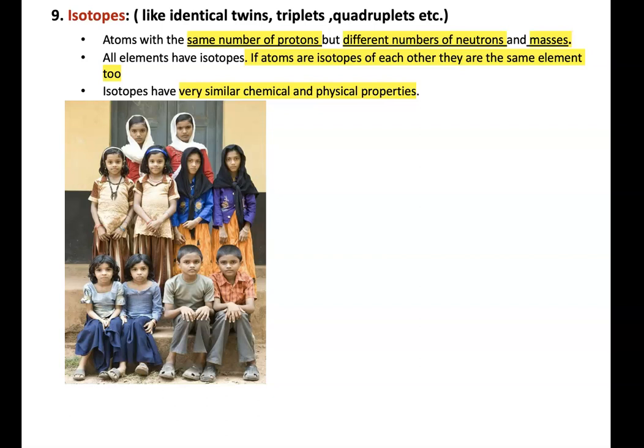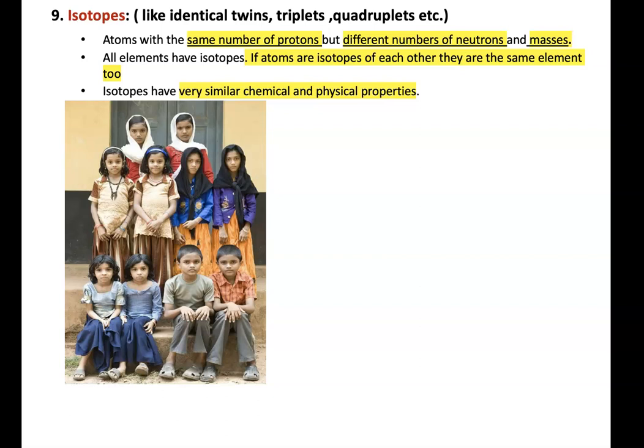So let's look at isotopes. See, here's a picture of twins from an Asian country. They are identical twins. So isotopes are also like identical twins, triplets or quadruplets and so on. Atoms that have the same number of protons but different numbers of neutrons, resulting in different masses, are called isotopes.